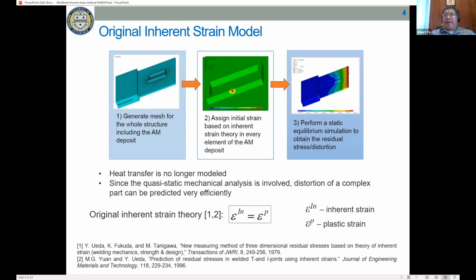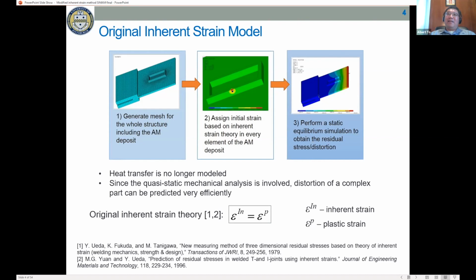And the whole idea there is to capture the deformation introduced by welding by an inherent strain. So it's really an effective eigenstrain representing the deformation. So the whole problem can be simplified into a quasi-static structural analysis problem. So no more heat transfer simulation is needed in this model.